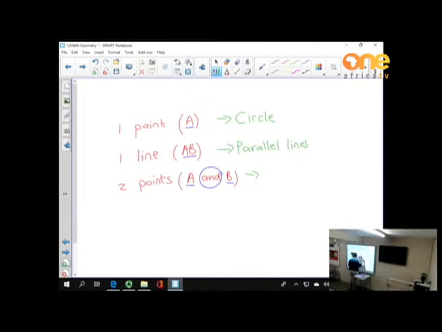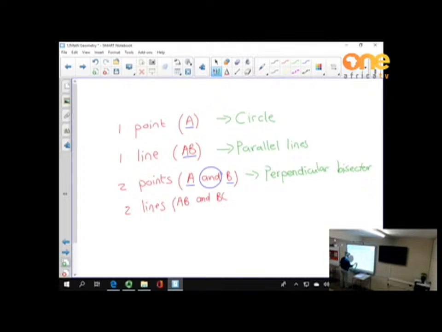Then you will draw a perpendicular bisector. Then the last one is where we have two lines. So here we will have AB, two capital letters, and two capital letters again.